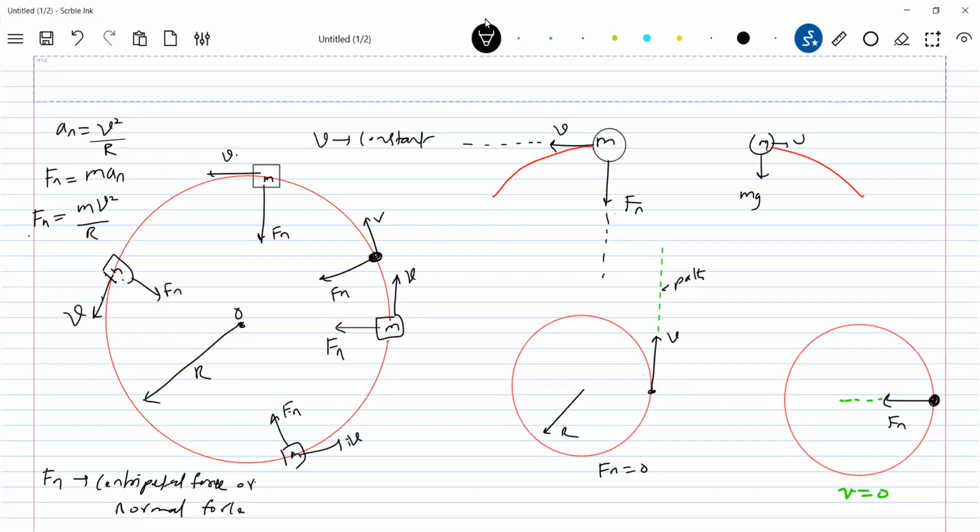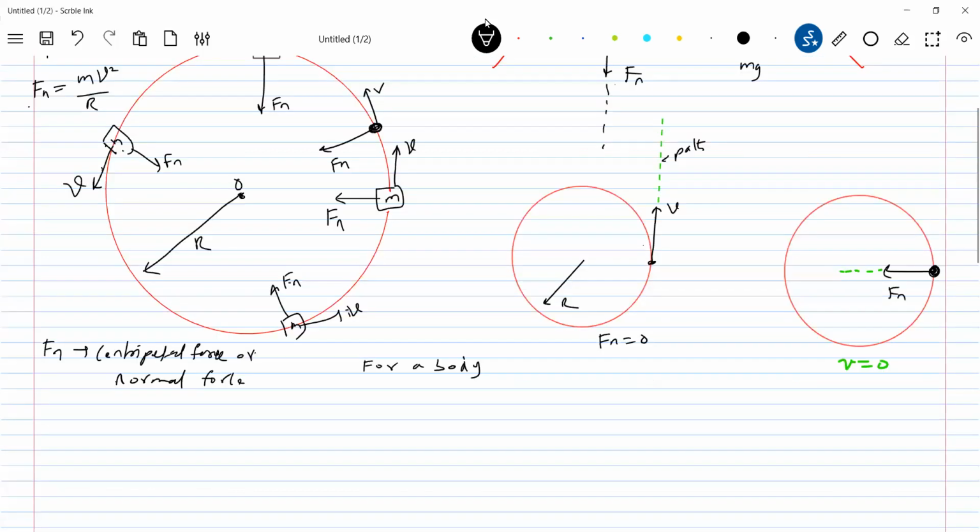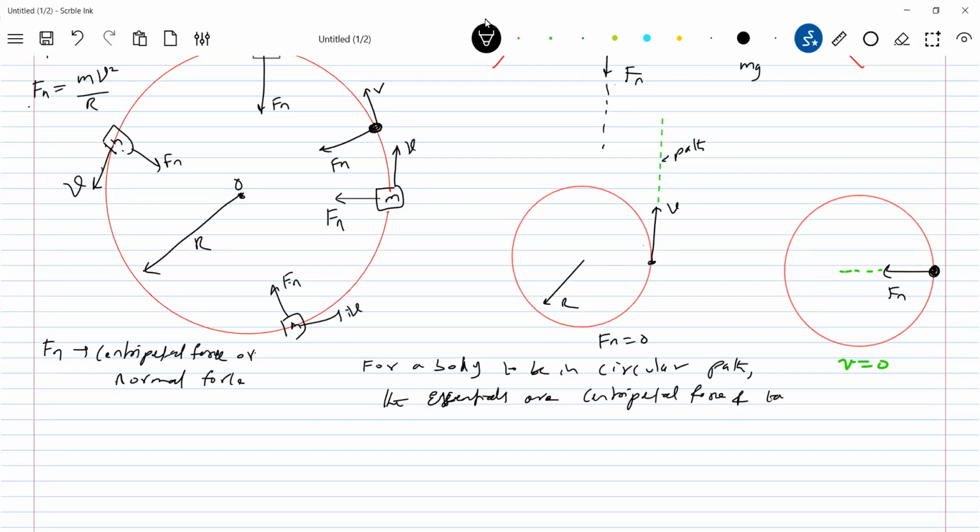So for a body to be in a circular path, the essentials are centripetal force and tangential velocity. Okay, got this. So this is the core idea of circular motion.